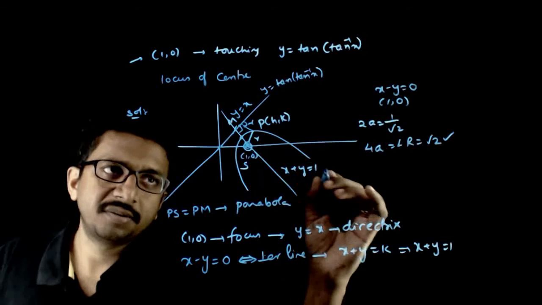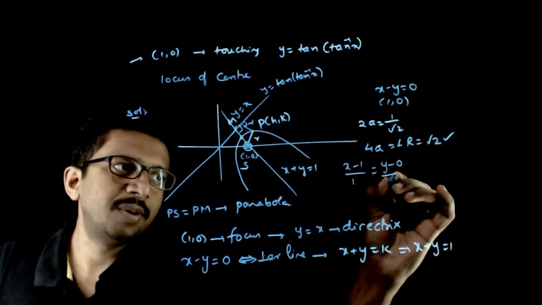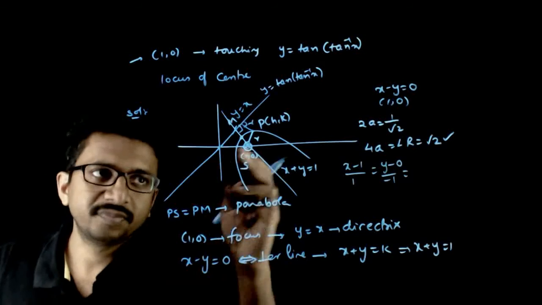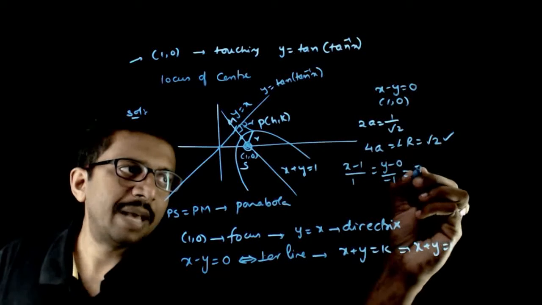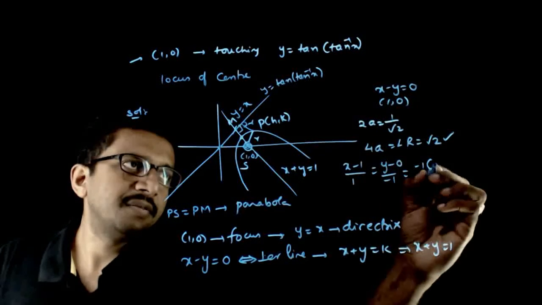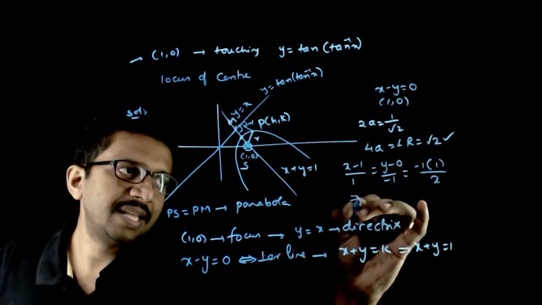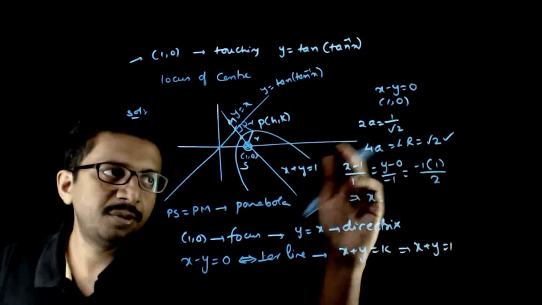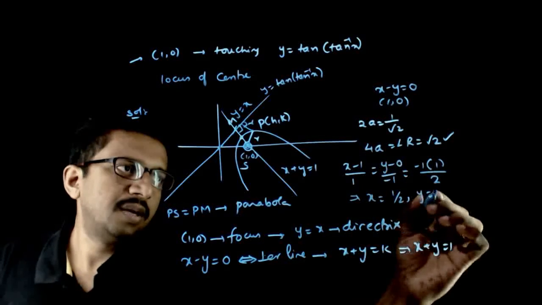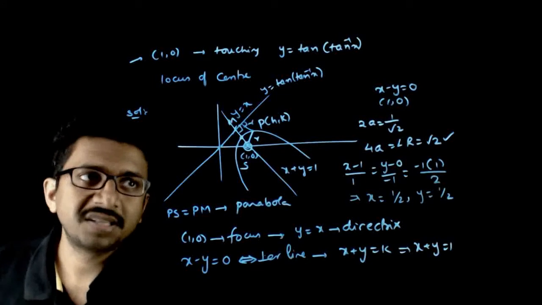The foot of the perpendicular is given by (x minus 1) by 1 equals (y minus 0) by minus 1 equals minus 1 times the value of putting (1, 0) on the line x minus y, divided by a squared plus b squared, which is 2. This implies x equals minus 1 by 2 plus 1, which is 1 by 2, and y is again 1 by 2. That means the foot of the perpendicular is (1/2, 1/2).